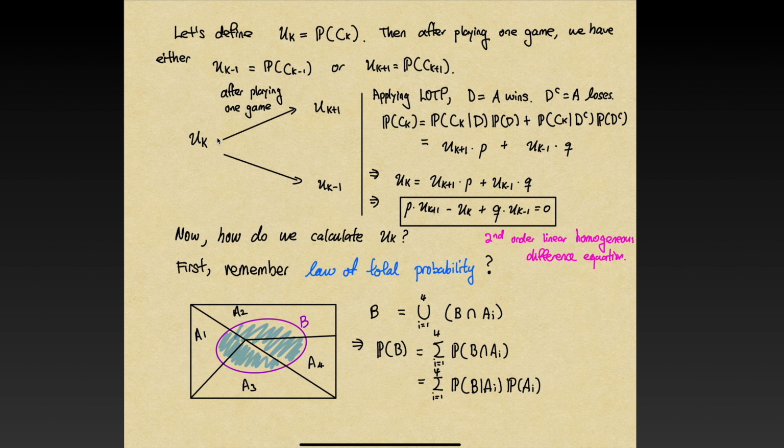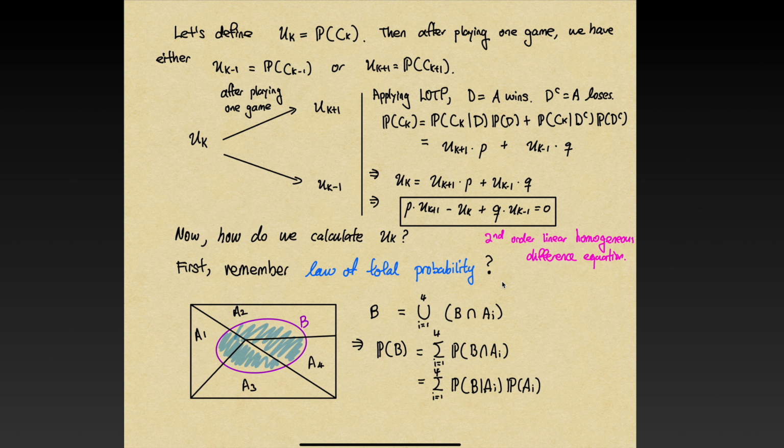So starting from here, how do you get to this part? Well, you get to this part by winning the match, right? So let D be an event where A wins. That means D complement means player A loses the match.